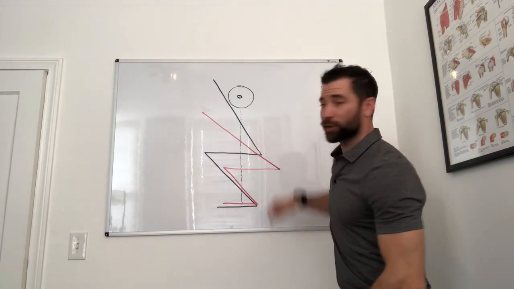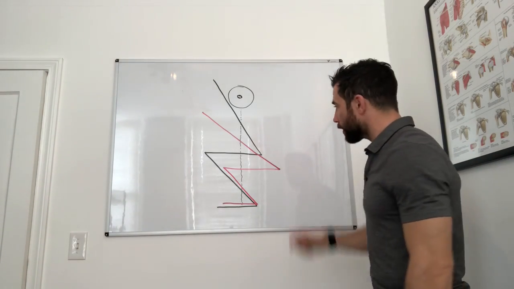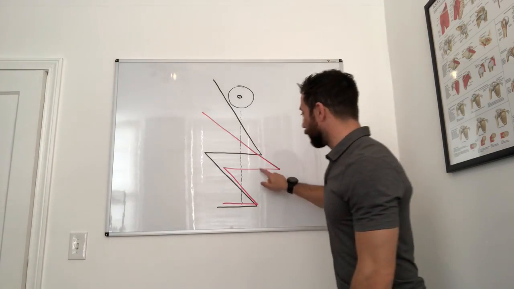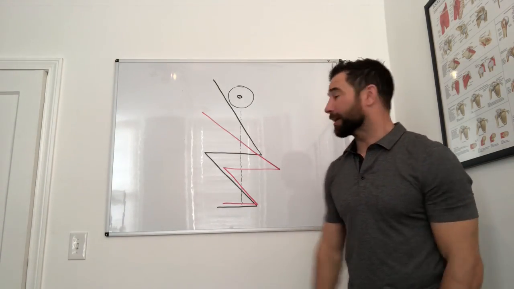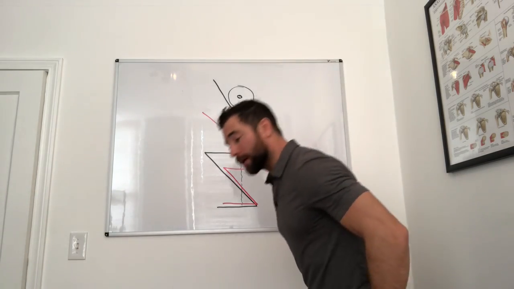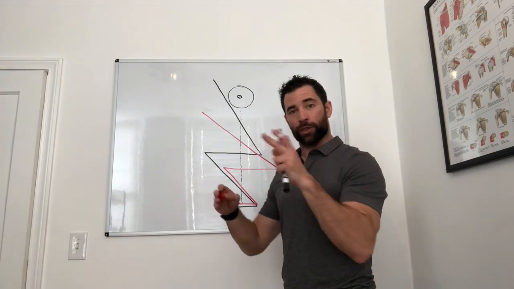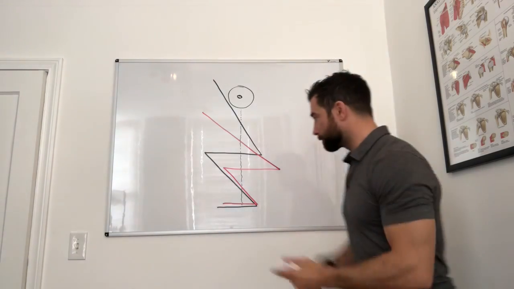Because the torso angle we're assuming is the same between the two. So in the case that I have a short tibia length in ratio to a longer femur length, I'm going to have a more acute angle on my torso angle for my squats, okay?